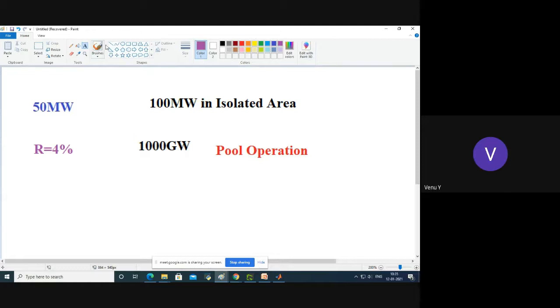Droop, in the sense, you can write here. So when you have the droop, let us have this as 4%.